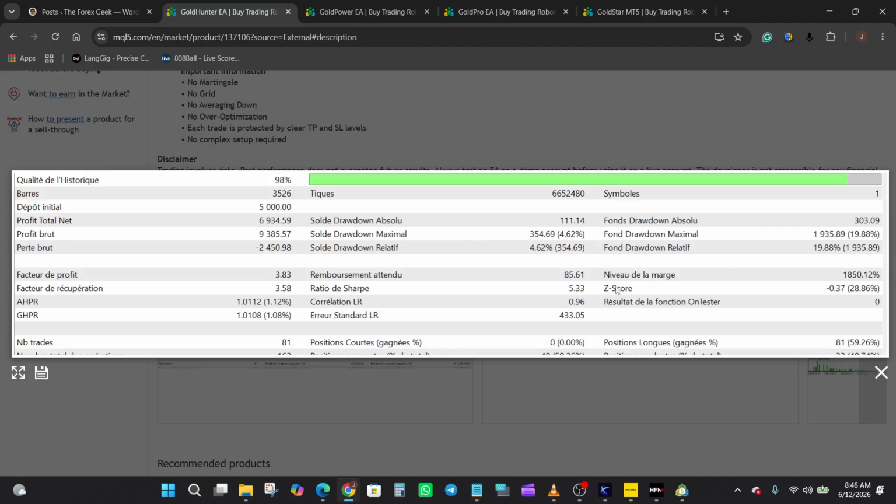And then looking at this backtested report that we have here, this shows us from an initial deposit of $5,000, total net profit was $6,934.59, and the total number of trades taken was 81.